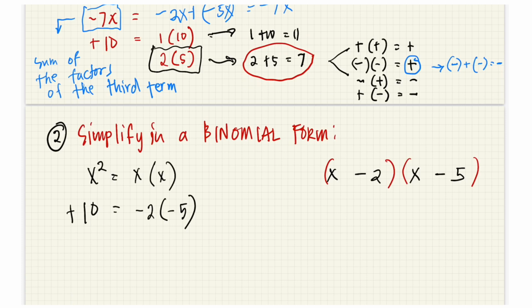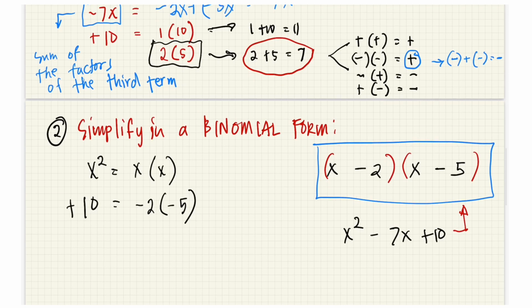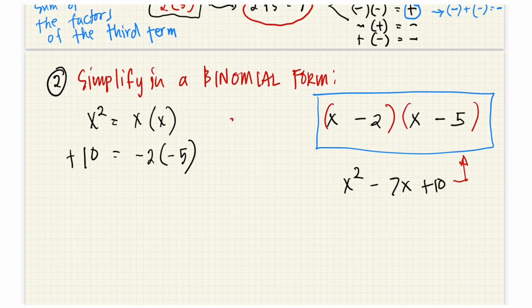So therefore our final answer is the factor of x squared minus 7x plus 10 is equal to x minus 2 times x minus 5. So this is now the factor of x squared minus 7x plus 10.